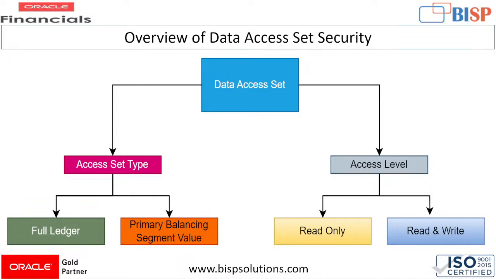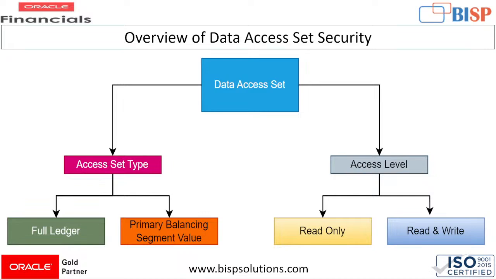So your BSV will be the value; if you have multiple BSV values, you can provide a particular BSV value to access the data, and the level, what type of level you want to give to that access, that is whether you want read and write or read only. It depends upon the requirement of the client, right? So that is what you can define in the application.